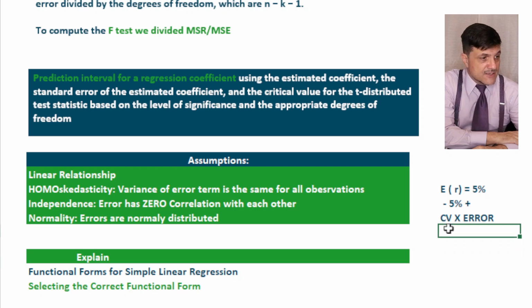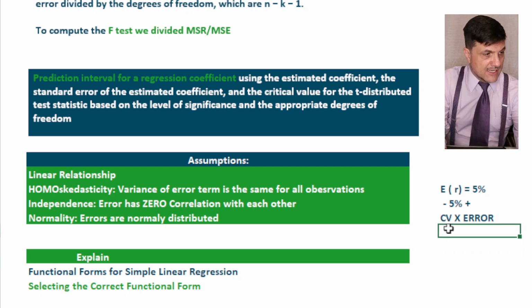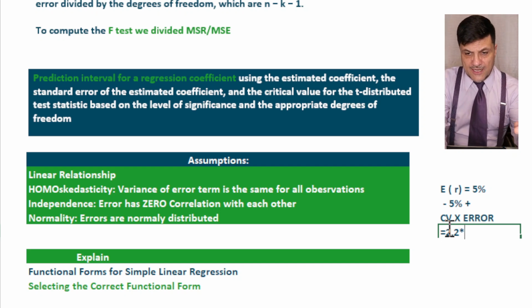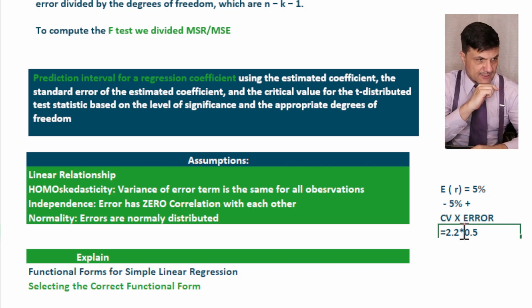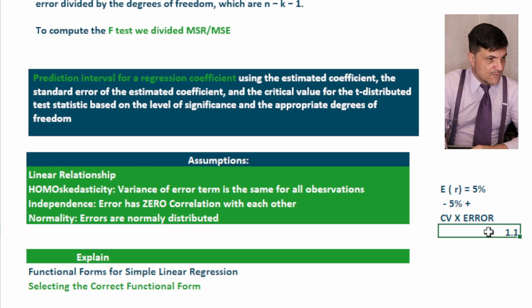That's it. So let's say a critical value of 2.2 and a standard error of 0.5, which gives 1.1. This is not the standard deviation, it's the standard error. Let's say this was in percentage.